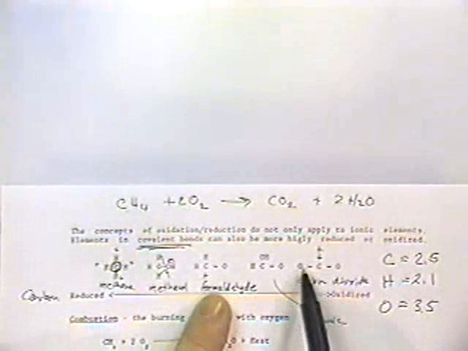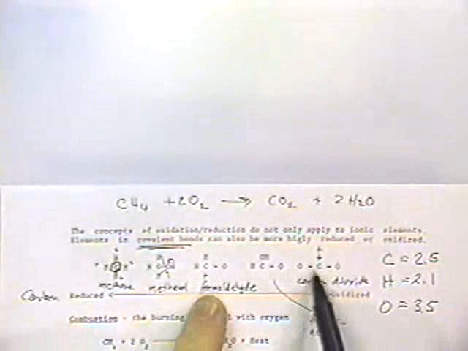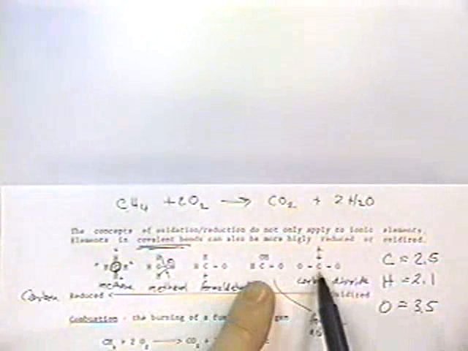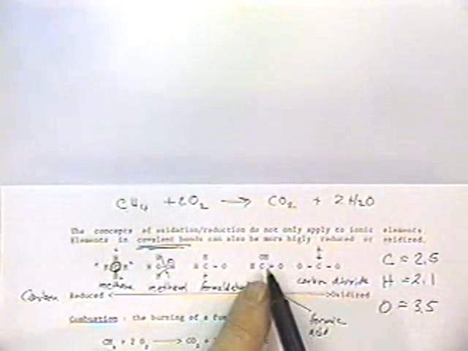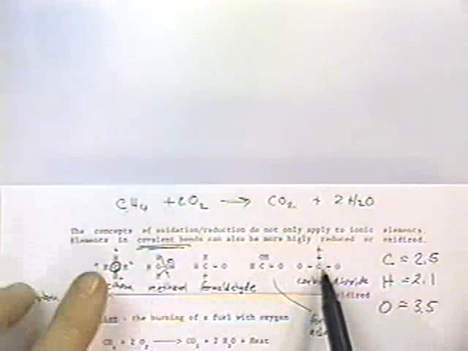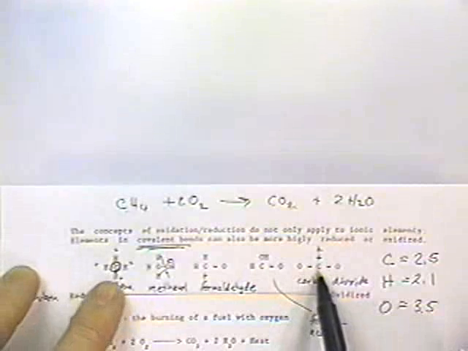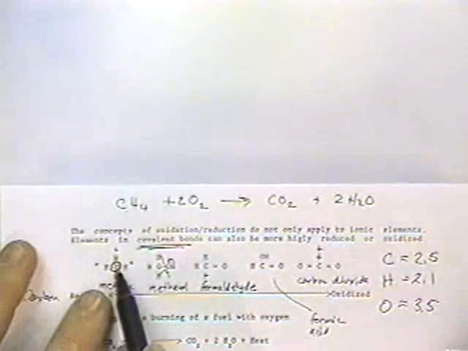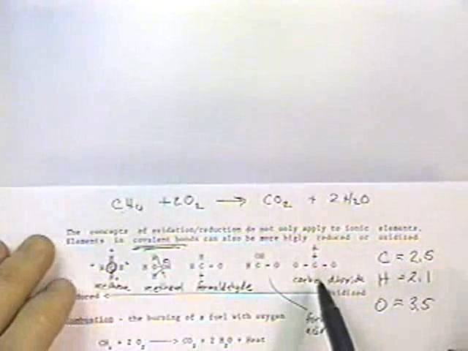If I burn formaldehyde, it's partly burned, and this formic acid is almost completely burned. So if I try to combust formic acid, I don't get very much energy at all. So the idea is big deltas in your redox, or I'm sorry, your electronegativity cause large amounts of energy to be released.